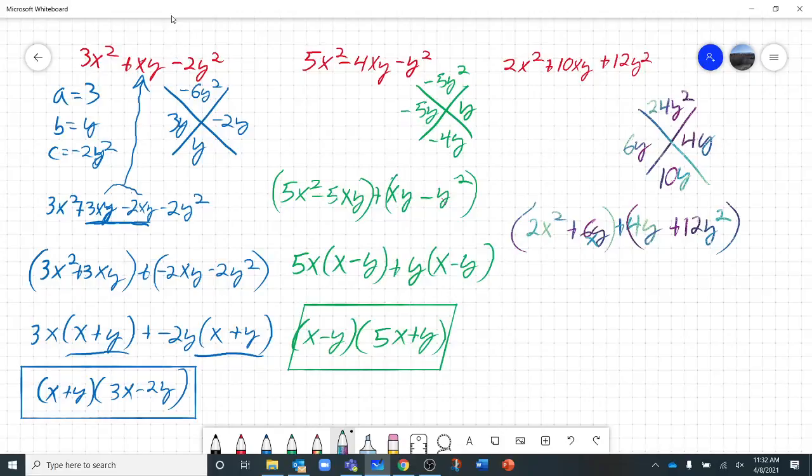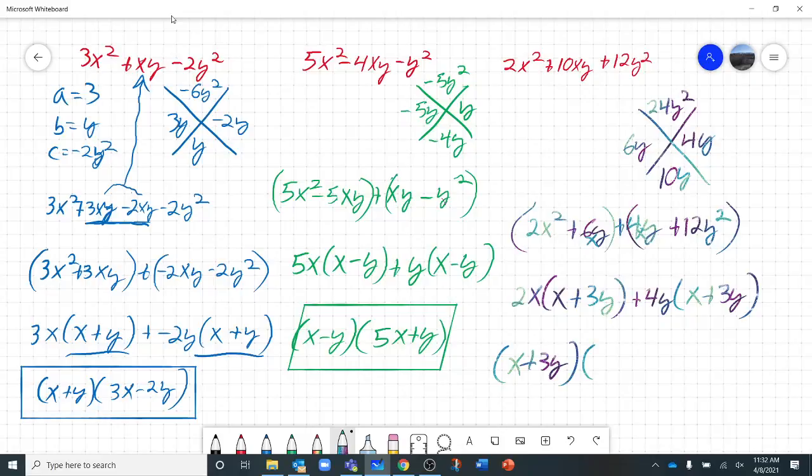It should be 6xy and 4xy. 2x comes out of the first one, and left inside is x plus 3y. And 4y will come out of the second one, and it leaves us with x plus 3y again. So x plus 3y is our common factor, and 2x plus 4y is what we're left with.